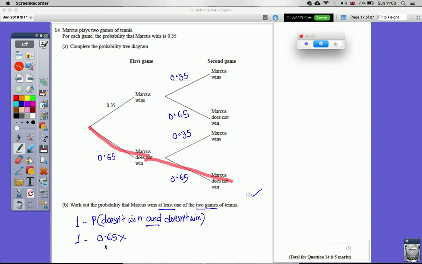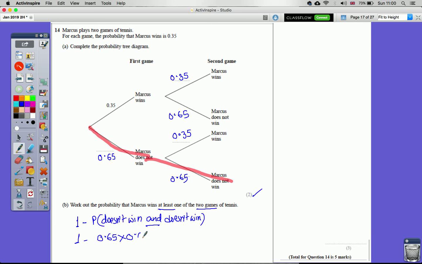So 1 minus 0.65 times 0.65, which is going to be 1 minus 0.4225. That will give you 0.5775.